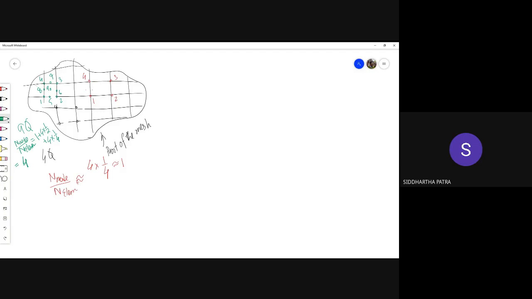In a similar way, if I take an 8-noded quad element, for a large mesh the number of nodes to number of elements ratio would be 4 times half plus 4 times 1/4, a total of 3. So it's not dropping off only one node.